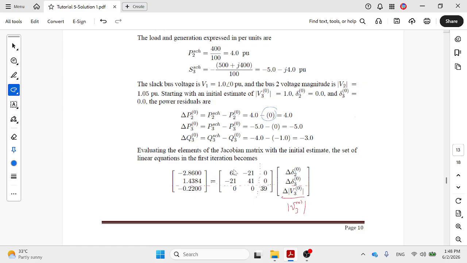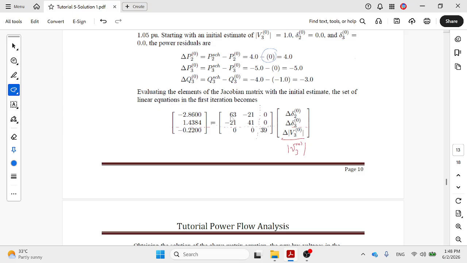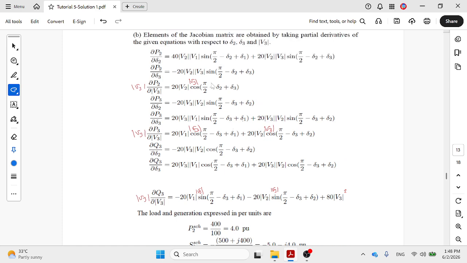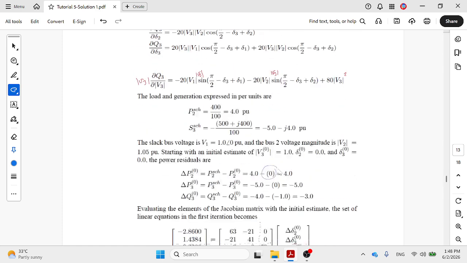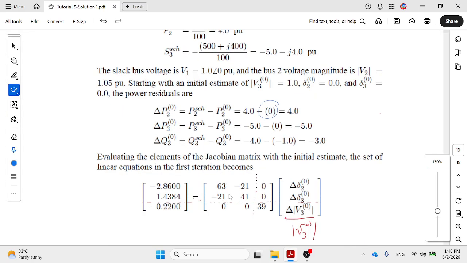This is, I think, the Jacobian matrix. Yeah, if you replace this value here for the first iteration, you will reach this value. So this is the 63, 21, 21. You can see if you calculate this one, no need to calculate this one.